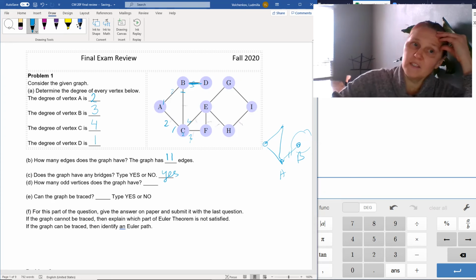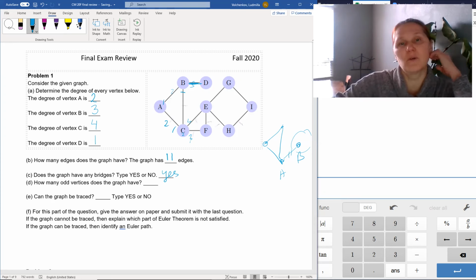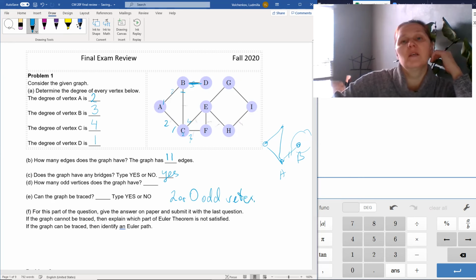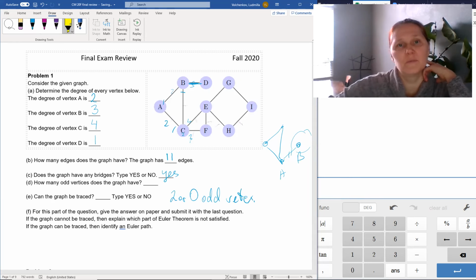Okay, can the graph be traced? Try it, yes or no. We remember the Euler theorem. If the graph has 2 or 0 odd vertices, then it can be traced. So we have to count odd vertices on this graph. D has degree 1, so it has only 1 line coming to D. Then B, 1, 2, 3, B is also an odd vertex.